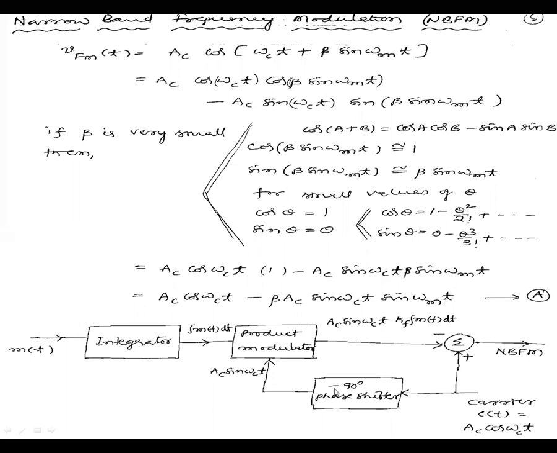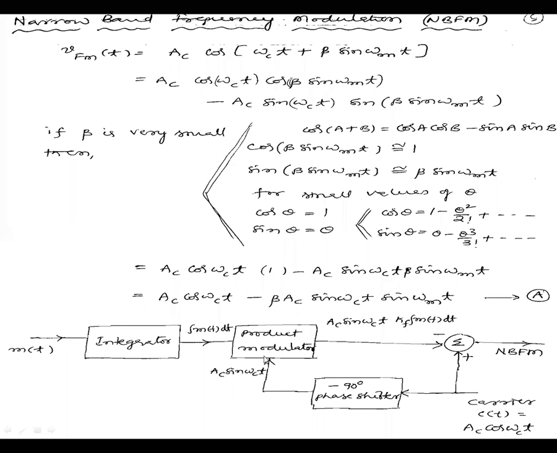The carrier Ac cos omega ct is given a 90 degree phase shift that produces Ac sin omega ct, which is given to the product modulator with the integral of m of t, and the product is given to a summation, which produces narrowband FM. So students, please practice this block diagram of narrowband FM.